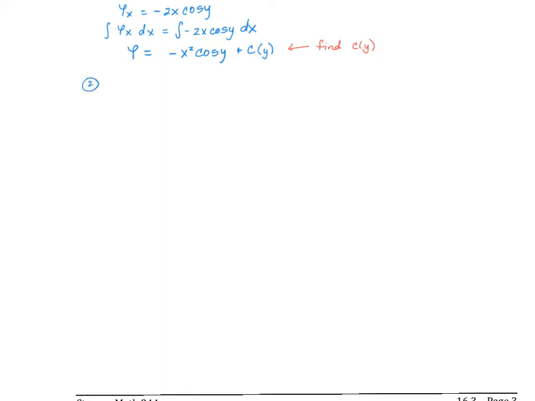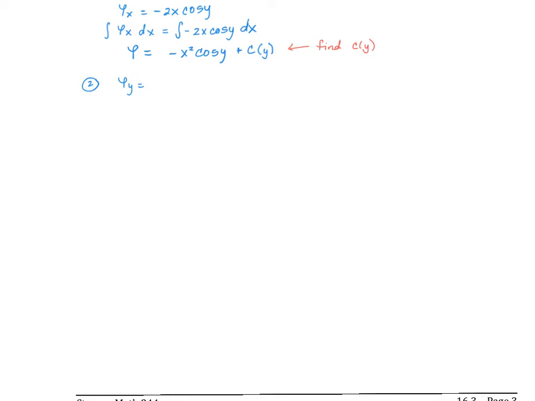So the next step says that we're going to take this phi function that we got in step 1, and take the partial derivative with respect to y. So remember, it's negative x squared cosine y plus a constant with respect to y.